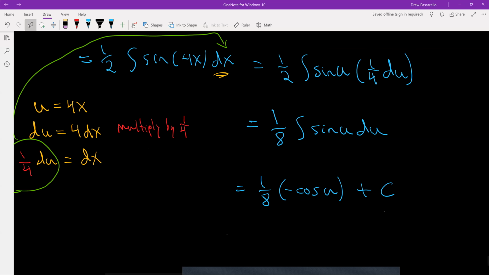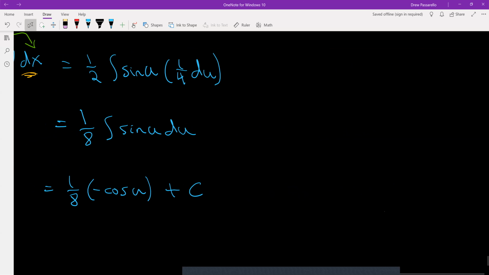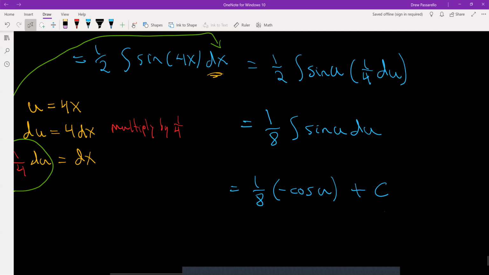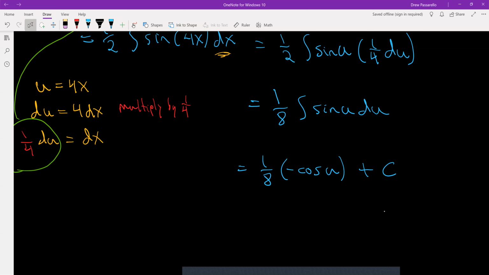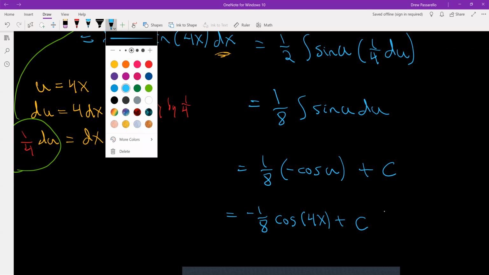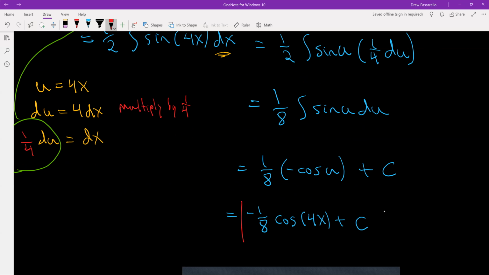And then I just back substitute u as 4x. So bringing out the negative in the front, it's negative 1/8 cosine of 4x, and then plus c. So that just doesn't have any powers to it for the trig function, it's just regular cosine.